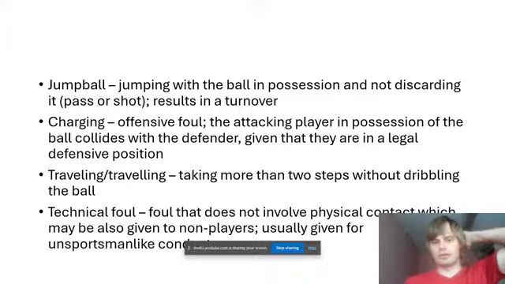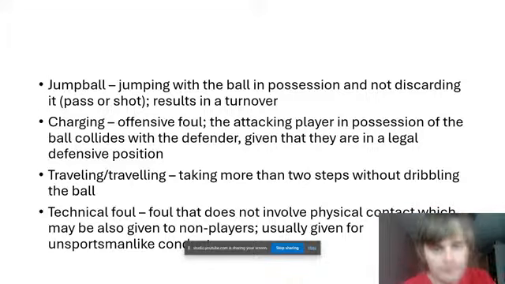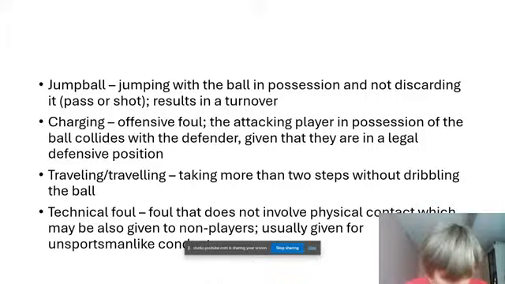Charging. It's an offensive foul when you're attacking and have the ball, and if you collide with a defender, given that they're in a legal defensive position, you get a charging foul. That counts towards your foul count, meaning that if you collect 5, as per FIBA rules, you're out of the game.